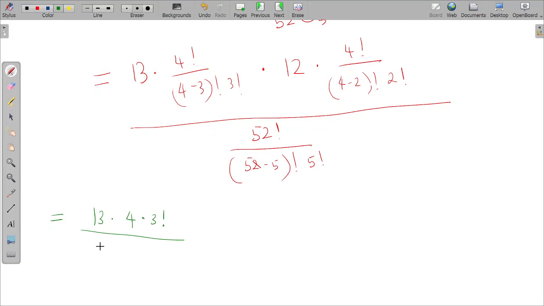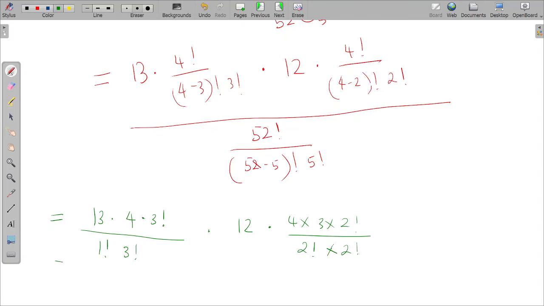Then this is 1 factorial, then 3 factorial. This is 4 minus 3, 1. Then multiply by 12, multiplied by this, which is the highest one, so I can stop at that. Multiply by 3, multiply by 2 factorial, all over 2 factorial, multiplied by another 2 factorial.